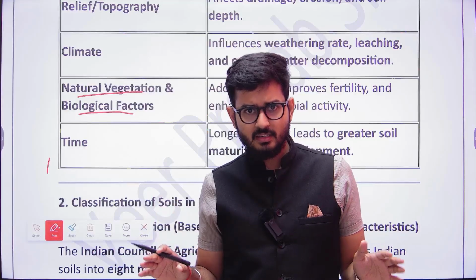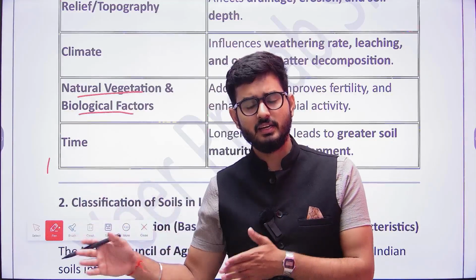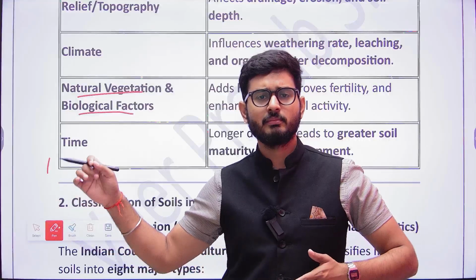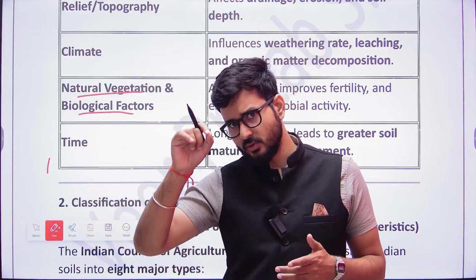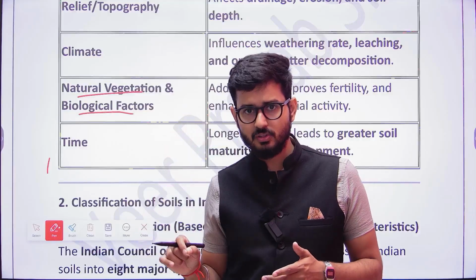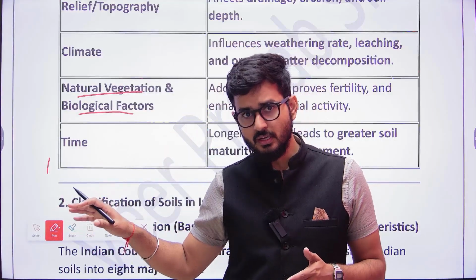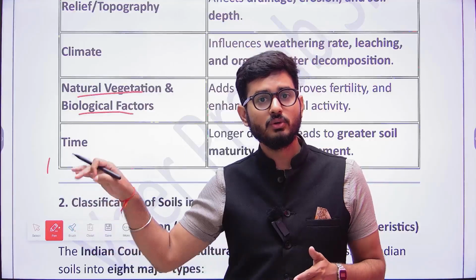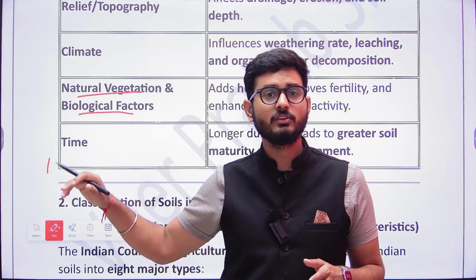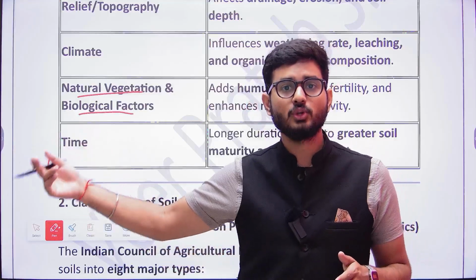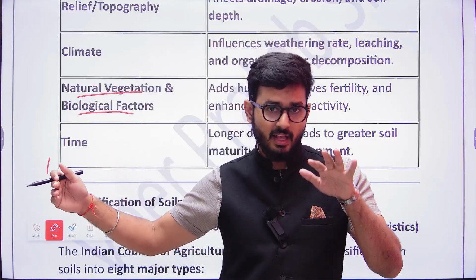In a similar manner, the same type of soil is there in another area, but in that area there are microorganisms, small animals, leeches and all those things. What these microorganisms and earthworms do is they erode the soil from within, and that soil is going to be converted into a finer soil in a lesser time period than this soil.